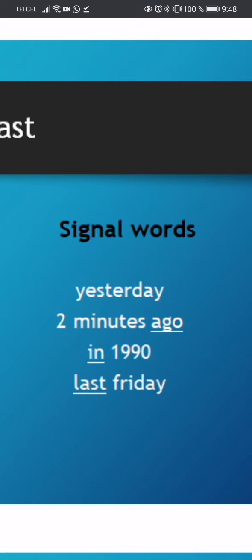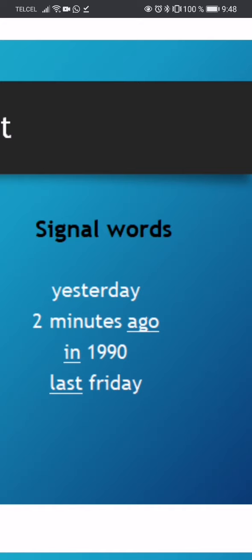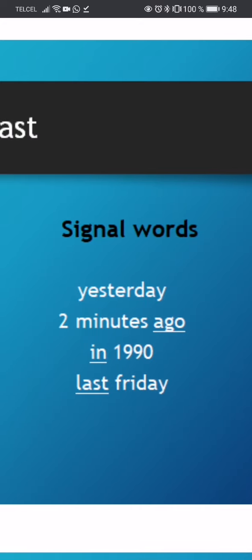You have to say or write a specific time in the past so you can change it. For example, we have 2 minutes ago. You can say 5 minutes ago, 1 day ago, 1 week ago, 3 months ago, 7 years ago. Okay, so you have to say a specific period of time.